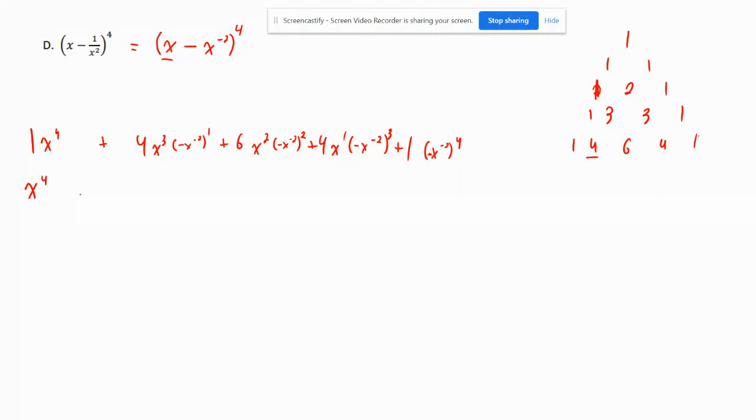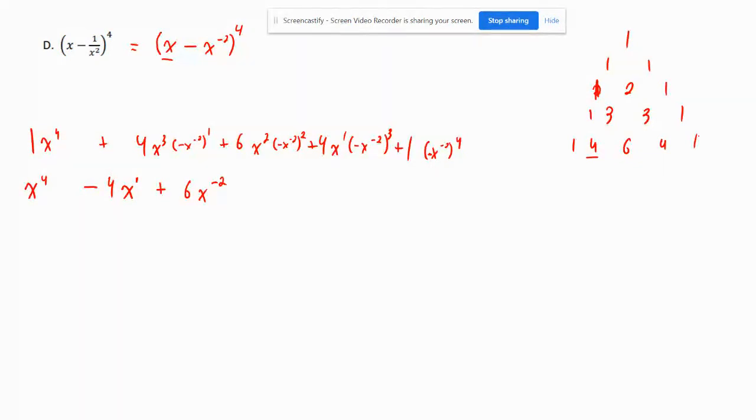So negative 1 times 4, so it's going to be a minus 4. We have x cubed times x to the negative 2 is x to the 1. Plus negative x to the negative 2 is positive x to the negative 4. So plus 6x to the negative 2. Okay, x to the negative 4 times x to the 2. 2 minus 4 is negative 2. Those are exponent rules here.